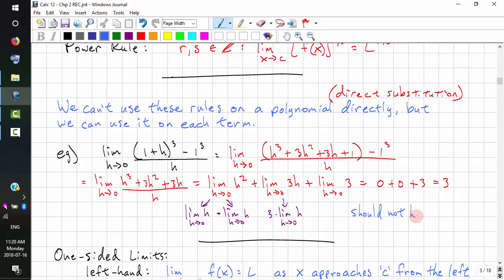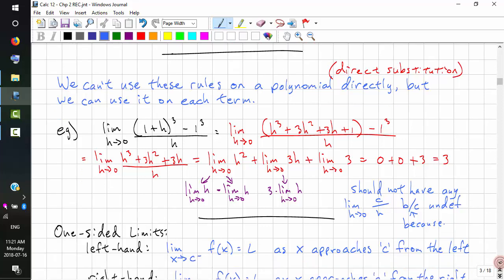Not have any limit as h approaches 0 of any constant over h, because undefined. Okay, that's shorthand for because.